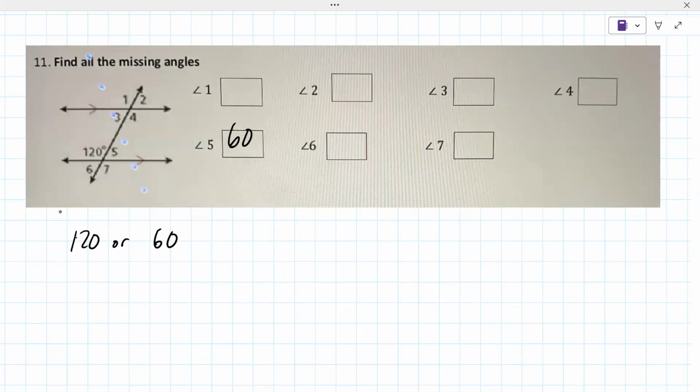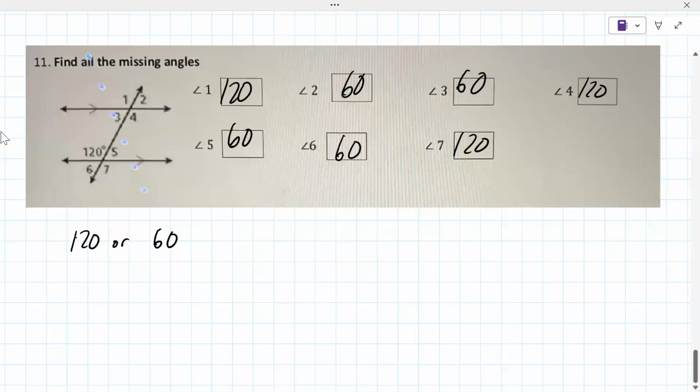It's all 60. Oh, you're already doing those, yeah. Good. So the others must be 120. Okay, thoughts on that? Pretty straightforward. Okay.